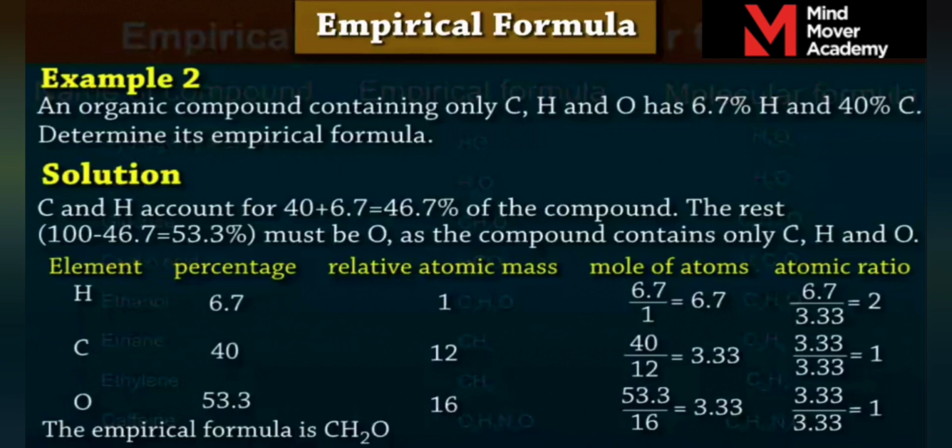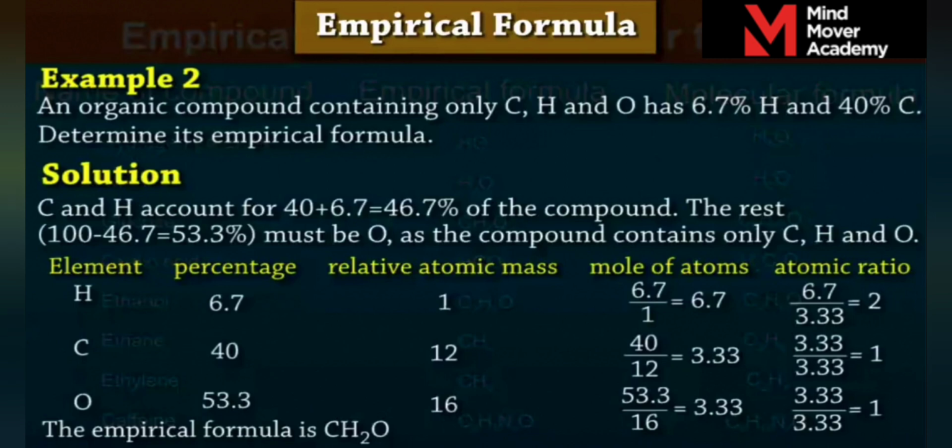Relative atomic mass of hydrogen is 1, that for carbon is 12, and for oxygen is 16. For finding the mole of atoms, we will divide percentage by relative atomic mass. For hydrogen, 6.7 divided by 1 is equal to 6.7. For carbon, 40 divided by 12 is equal to 3.33. For oxygen, 53.3 divided by 16 is equal to 3.33.